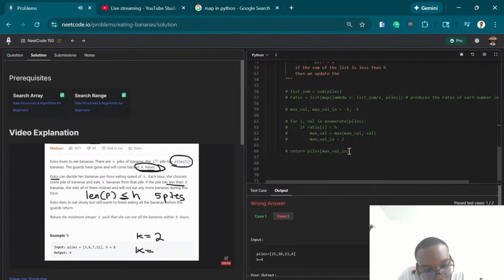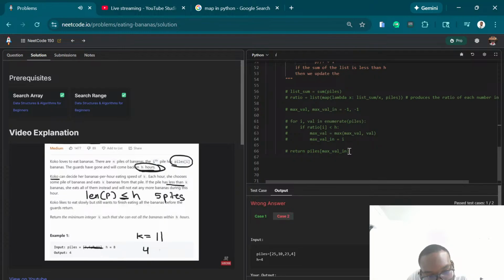For example, if k equals 11, that means we're able to eat the max pile in exactly 1 hour, which means every other pile is also going to take us only 1 hour. So therefore, we're going to eat every single pile in 4 hours. And we know for sure that this is going to be less than whatever is given to us as h, right? We're guaranteed that at the beginning.